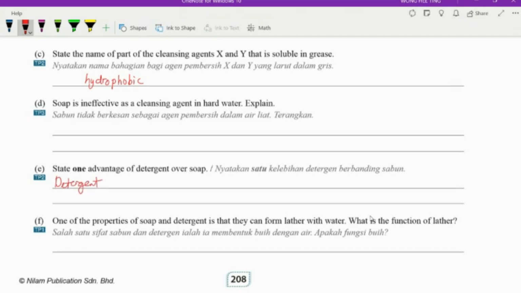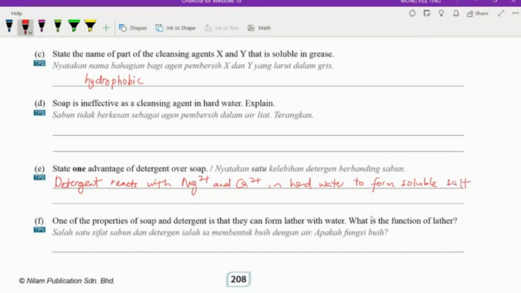Detergent reacts with magnesium ions and calcium ions in hot water to form soluble salt, which means no scum.